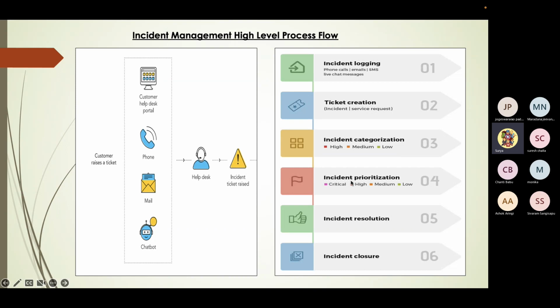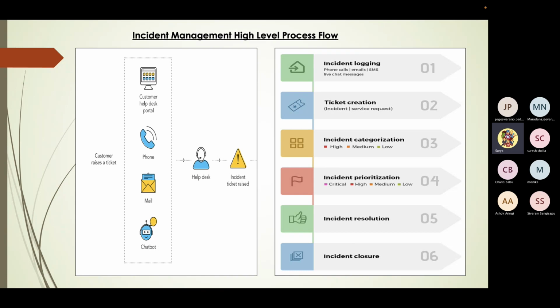You have complete details of the ticket. So now you could prioritize the ticket, whether it falls under P1, P2, P3, P4 or P5. And then once the priority was done, once the category was done, it should be assigned to a concerned technical person, and then he will start giving resolution to that particular incident.